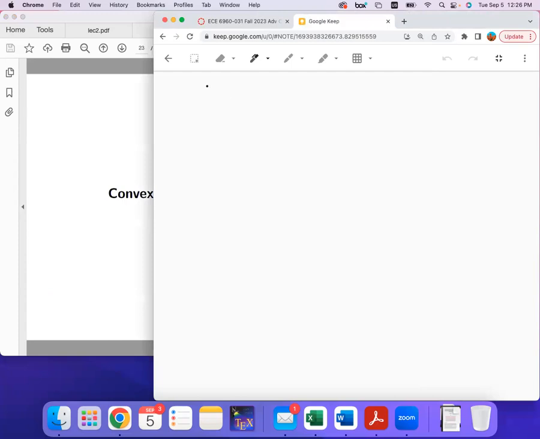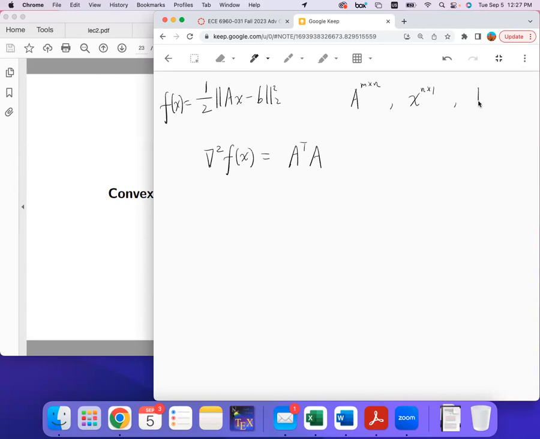For example, in the homework, when we consider this least square problem, we have shown that the second order derivative matrix is basically A transpose A. In many cases, this matrix A is M by N, and this X is N by 1, and this B is M by 1, so that these dimensions are compatible.